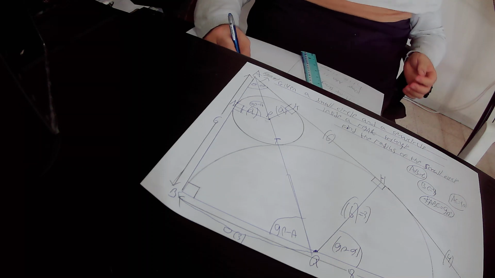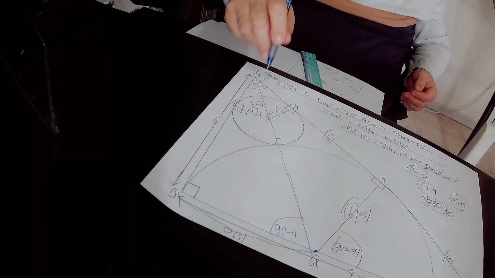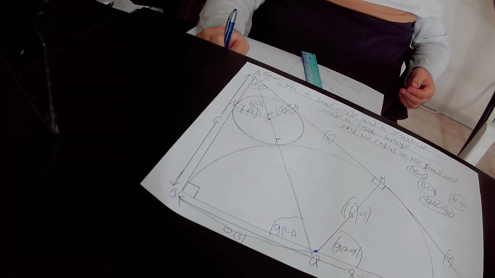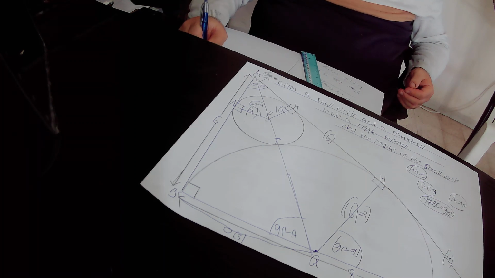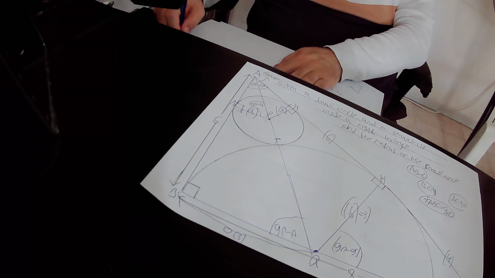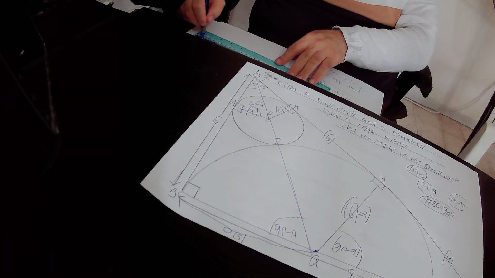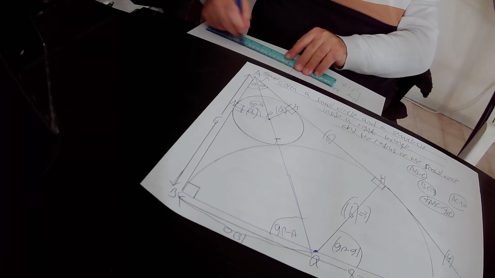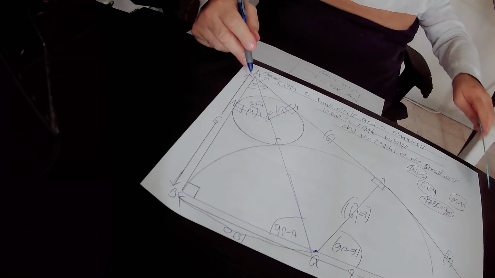So I prove that the right big triangle ABQ is similar to this right small triangle ANP. So why is the big right triangle ABQ similar to this right triangle ANP?